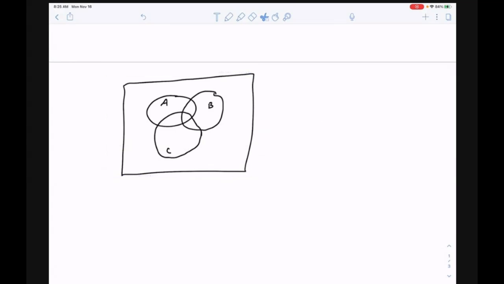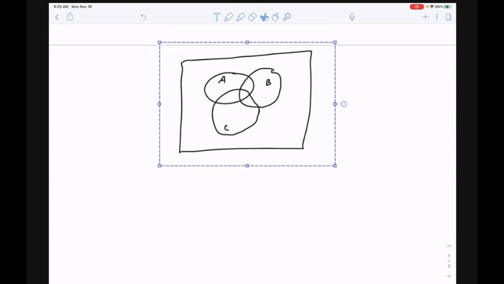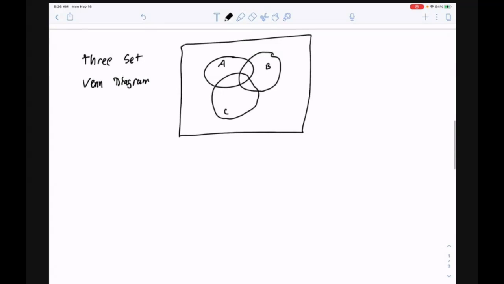All right. So this is the basis of what we are working with. This is the three set Venn diagram.